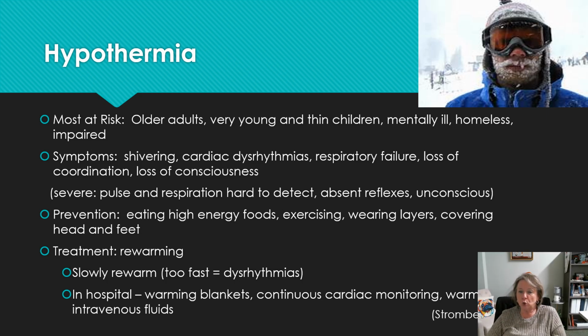And very thin children, because they don't have that fatty surface to protect them. Mentally ill are at risk, because they're not going to protect themselves from the cold. They might go running out in their shorts and a sweatshirt, nothing else, and it's below freezing. They're going to cause hypothermia issues.